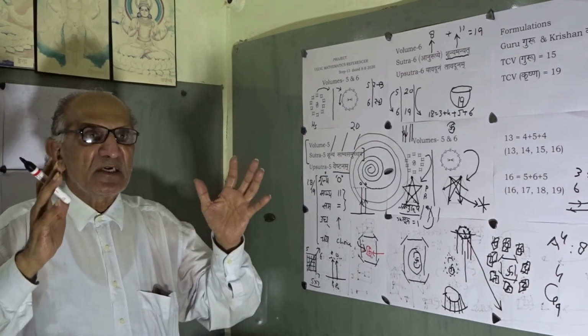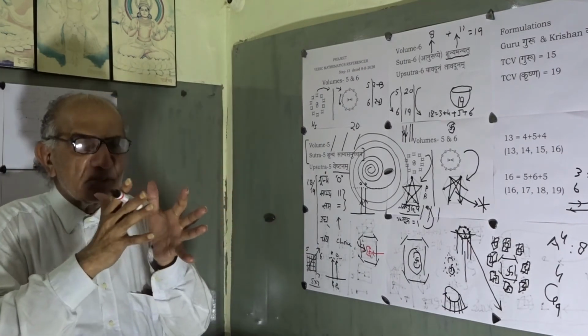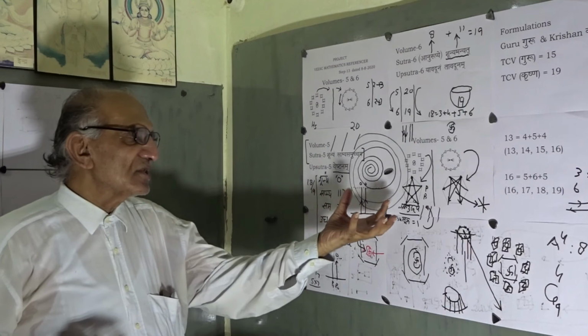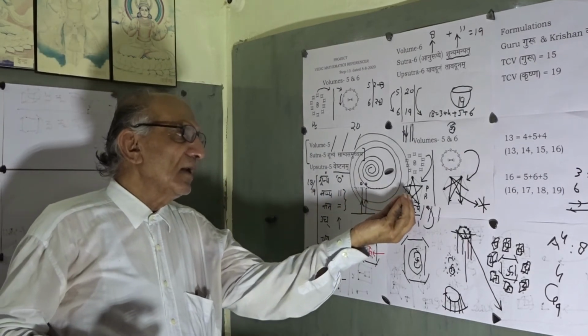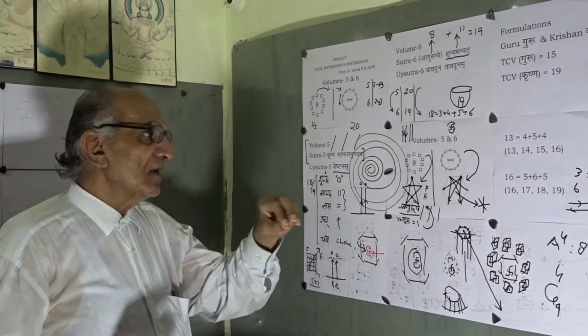Many of the features are superimposed, which are bound to be superimposed because of the compulsions of the internal polygons in respect of the outer polygons.